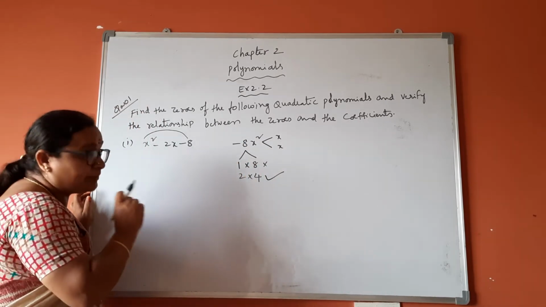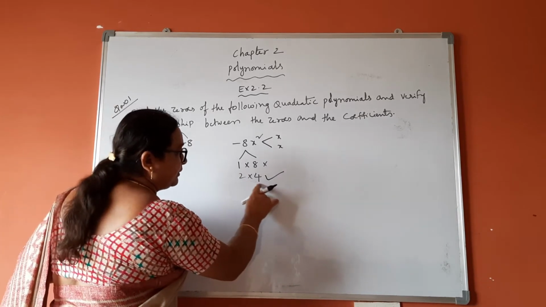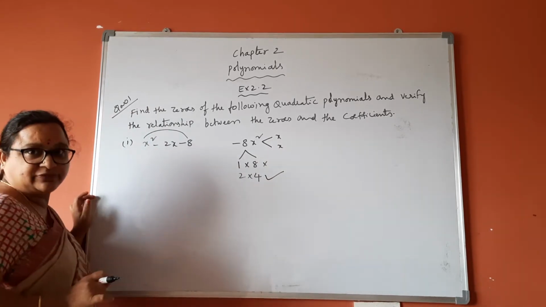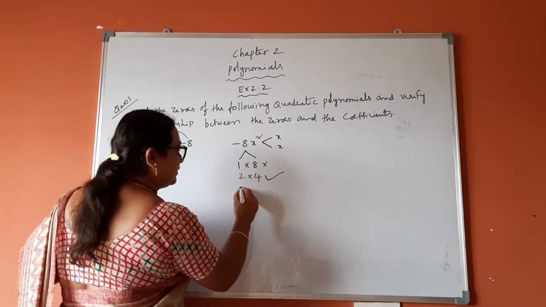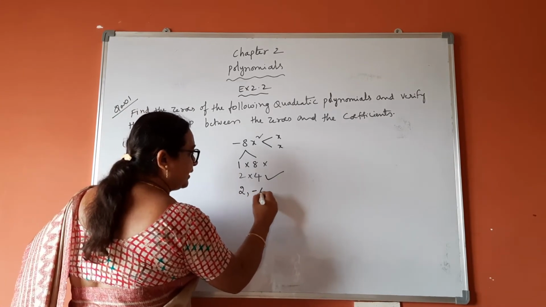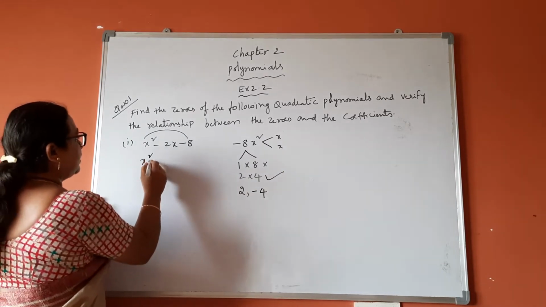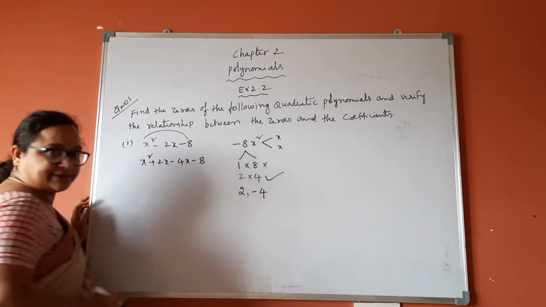So which one will be positive, which one will be negative? Here, between the two, the bigger number will have the middle term sign. What is the sign of the middle term? Minus. So 2 will be positive, 4 will be negative. X square plus 2x minus 4x minus 8.